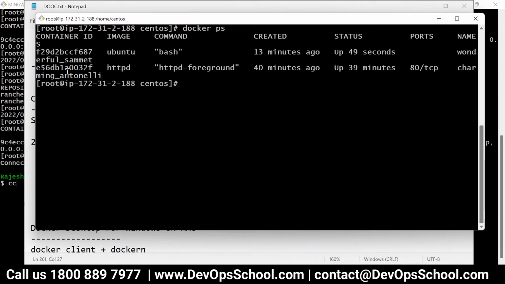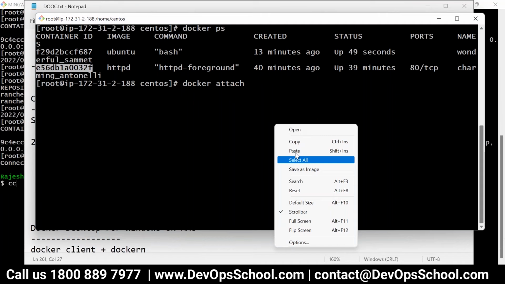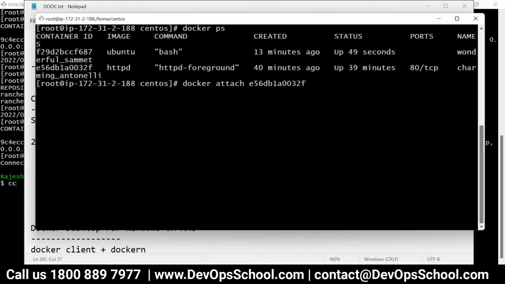So now guys, if I attach to the httpd container, let me see here. Before that, see here, where are you now? Tell me. Where are you? It's not taking any commands actually. Where are you right now?